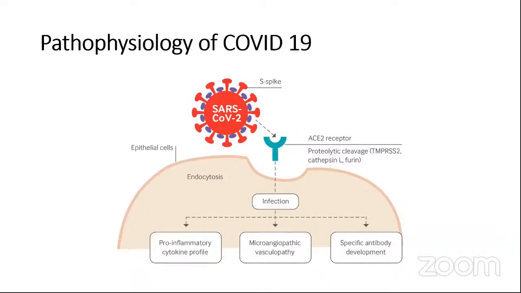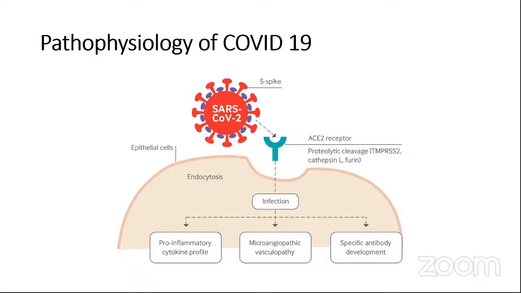Due to this activation of the innate immune response, more and more chemokines or cytokines are produced and released into the system. We call this production of pro-inflammatory cytokines.